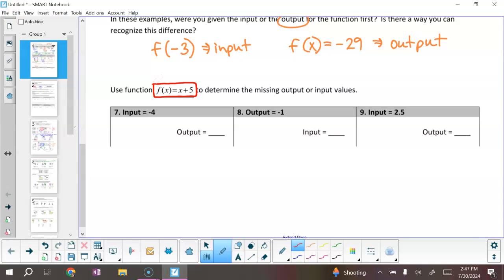Does it go in for the x, or does it go on the outside of the equation like what we just saw, and we have to solve them? I want to give you some time to try to do these and see if you can figure out language-wise what they're giving you down here and what to do with it. Again, you're probably going to have to pause your video here because I'm not going to sit and wait while I'm recording this. So I want you to pause it, do these 3, and then come back when you're ready to talk about them.